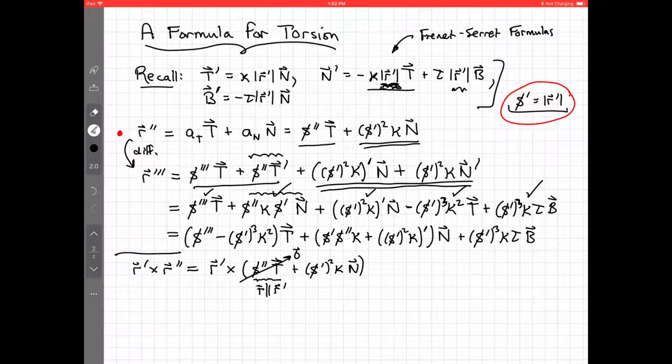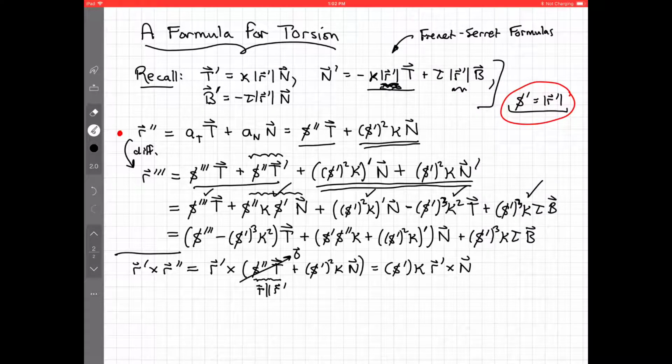So we just have r prime cross the second bit there.